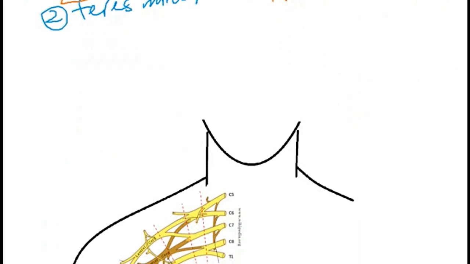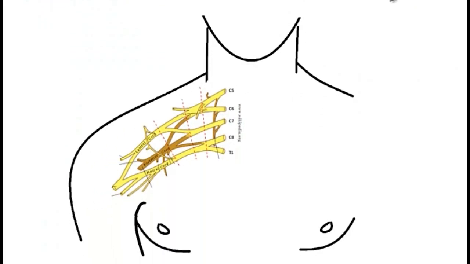And then the final two lesions are Erb's and Klumpke's palsy. Erb's palsy is caused by a lesion of C5 and C6, the upper roots of the brachial plexus, and upper roots are usually damaged when there is too much angle between the neck and the shoulder. For instance, when a child is being born, if they grab onto the head and pull it out, the angle between the neck and the shoulder increases, therefore there would be damage of the upper roots and this causes Erb's palsy.